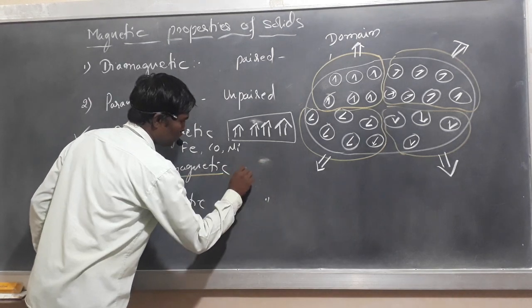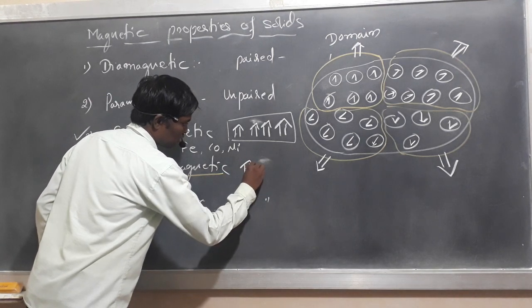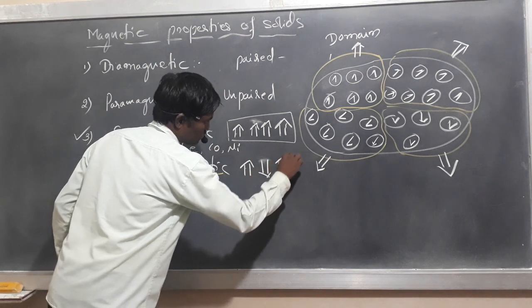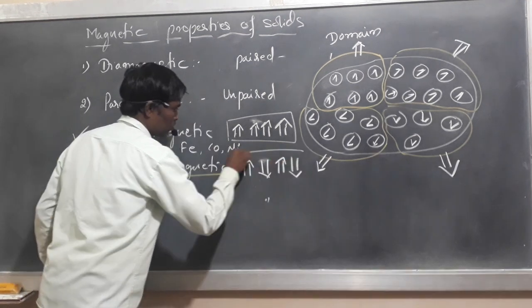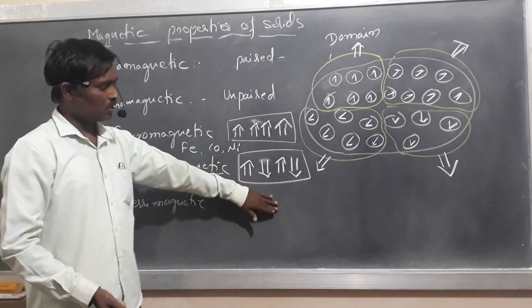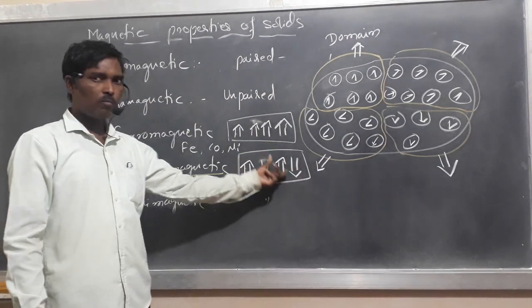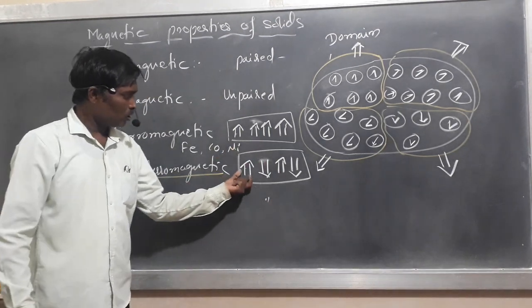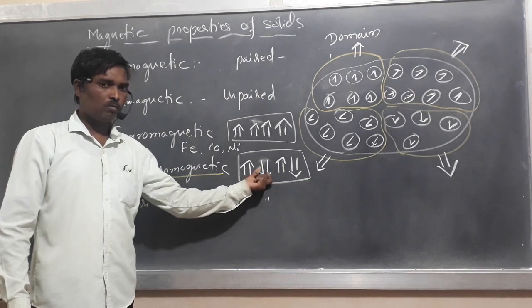Let me show you that. So this is the orientation of the domains. Here 2 domains are in the upward direction and 2 domains are in the downward direction. That means an equal number of domains are oriented in opposite directions. Therefore, the total net magnetic moment becomes 0.